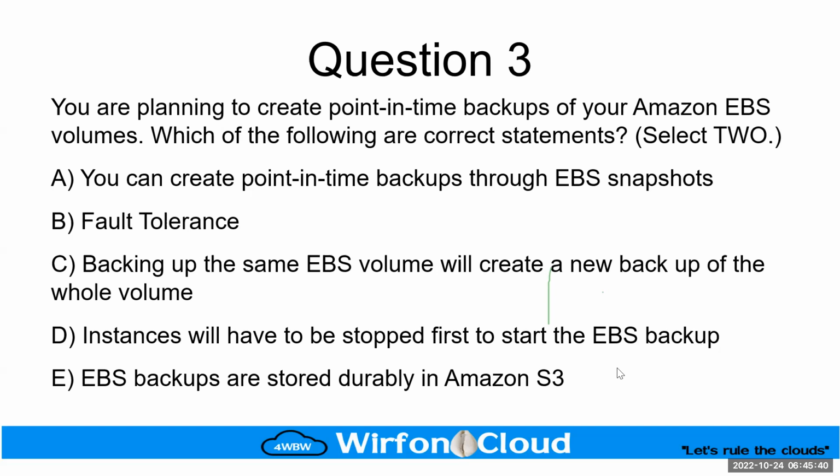You don't need to stop the instances. Also, the option is a little bit wrong because to create point-in-time backups, you create the snapshot, not an EBS backup. And yes, EBS backups are stored durably in Amazon S3.